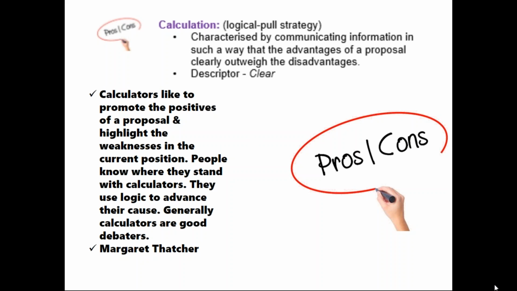So a typical manager who has a high calculation strategy would be very strong on process and will be able to explain to people the key performance indicators clearly and give feedback about those indicators as well. An example of that would be former Prime Minister of Great Britain, Margaret Thatcher.